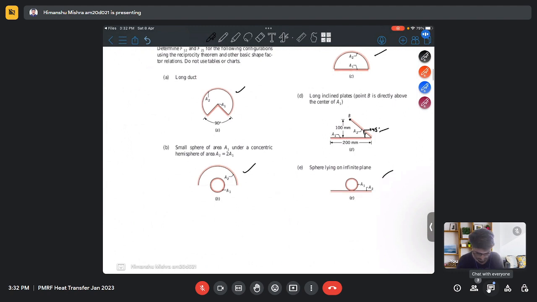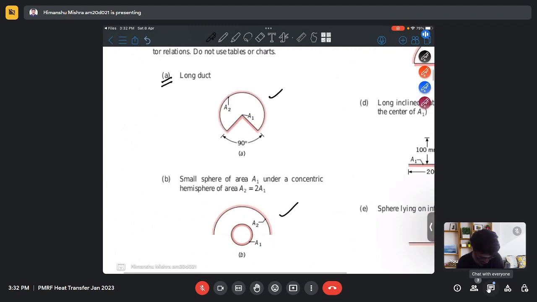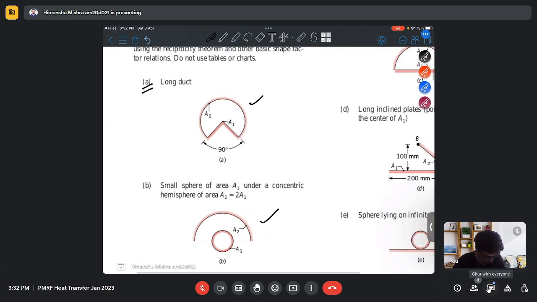So let's solve the first problem, part A. This is a long duct, and here we have two surfaces. This is my surface A1, and this is my surface A2.